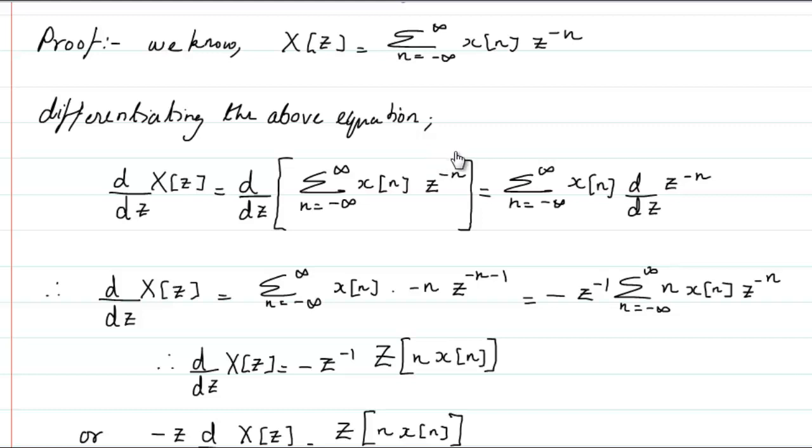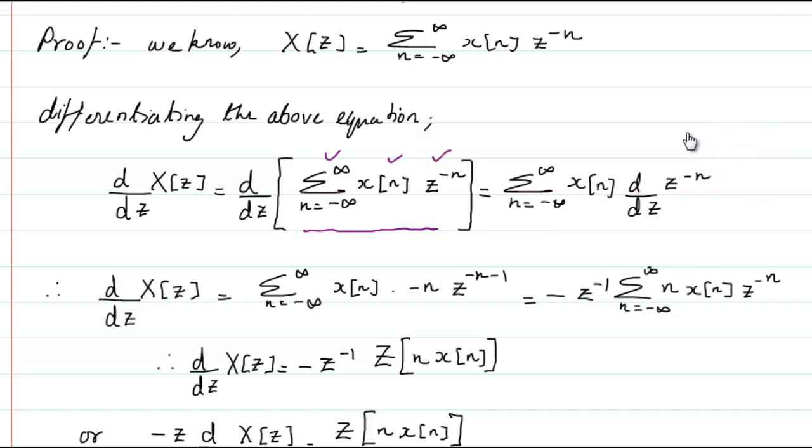Now if I am going to differentiate X of z with respect to z, then I will differentiate the whole right hand side also. In this right hand side, all the values are with respect to n except this one, correct?